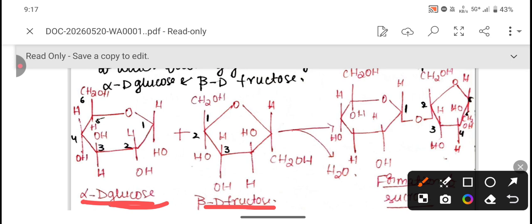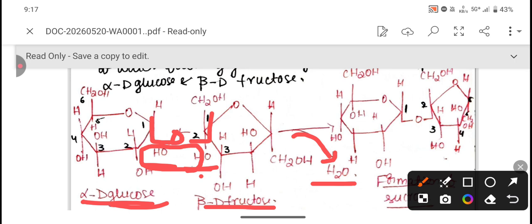You can see here how the glycosidic bond is formed between these two units. It is dehydration, which means the loss of one water molecule. The hydroxyl groups present here come out as a water molecule, so H2O is lost like this, and finally a glycosidic bond is formed between these two sugar units at C1 and C1.